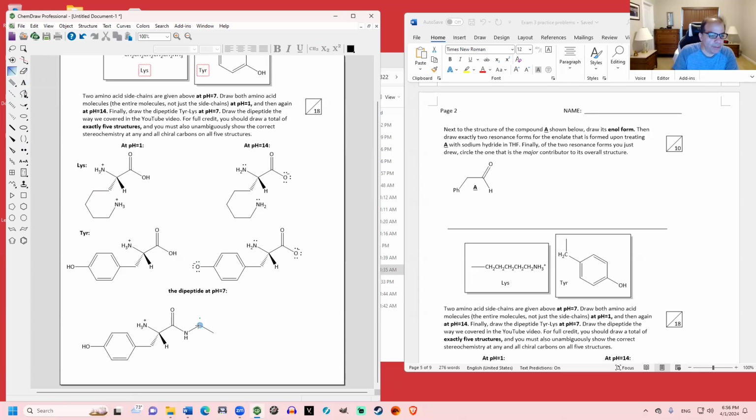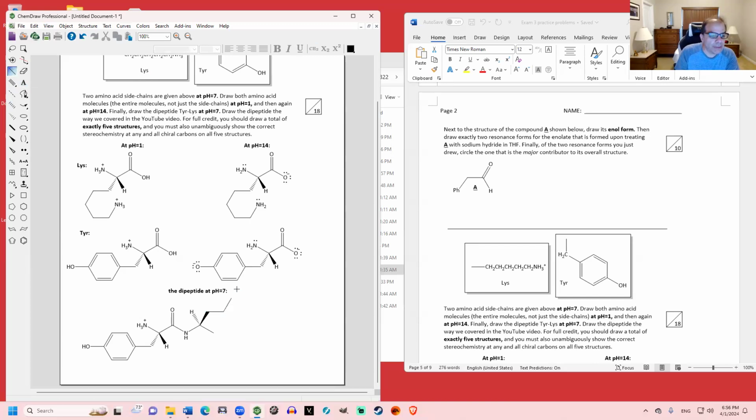And we'll form an amide. And in this view, the hydrogen is in back and the side chain is in front. So then comes the lysine.